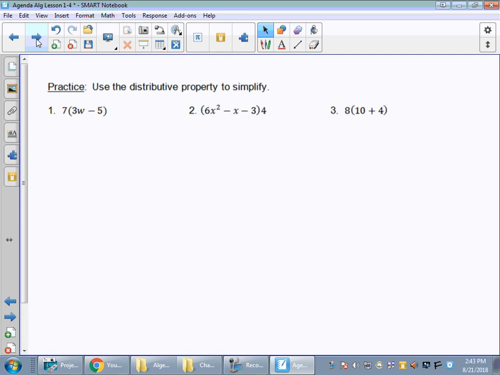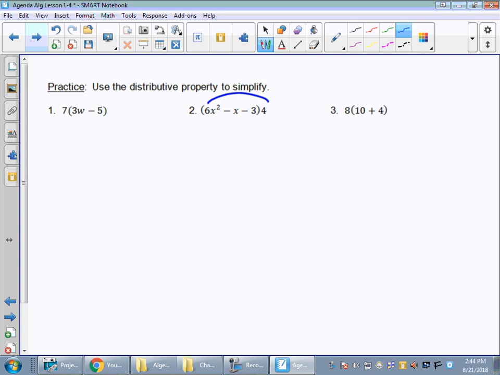So let's go ahead and just do number 2 for practice. I only want to do number 2 because I think you're good with this, but number 2 is written tricky, and I did it on purpose just to show you can distribute with the parentheses first, and then the number behind it. It's the same steps, same process. You're going to take that 4 and multiply it through each number in the parentheses. The first one will be 4 times 6x squared.